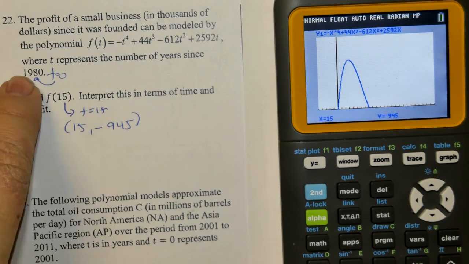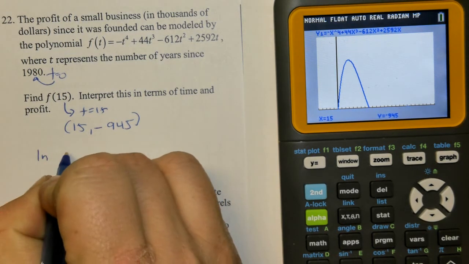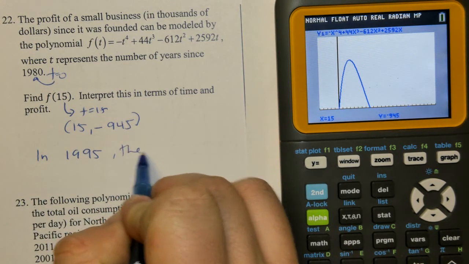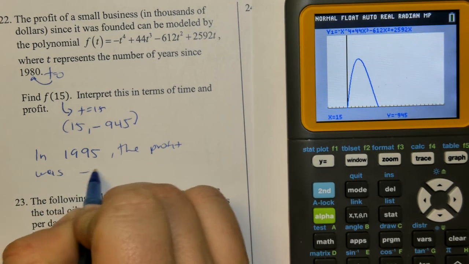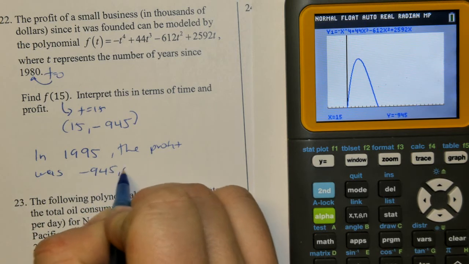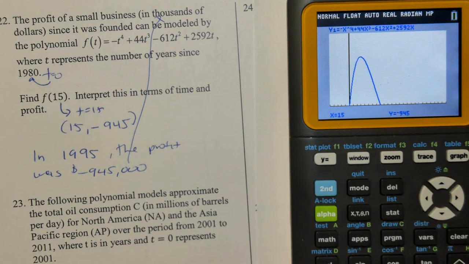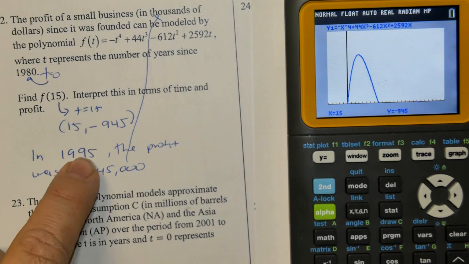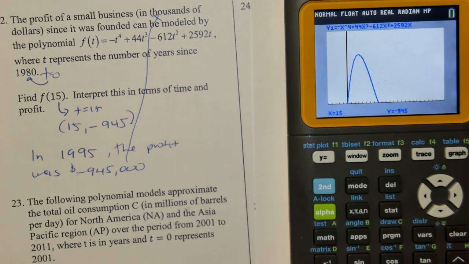Well, 15 years past 1980 would be the year 1995, and the profit of the small business was negative $945,000. So they're nearly $1 million in the hole in the year 1995, 15 years past 1980.